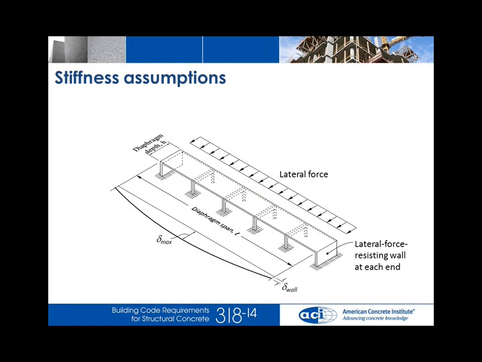Stiffness assumptions. We started out trying to rationalize our own set of stiffness assumptions. That didn't go over well in the balloting process. We tried to adopt the ASCE 7 provisions for aspect ratio for seismic design. It turned out that didn't go over so well because in ASCE 7, in the wind design provisions, there are different aspect ratios.